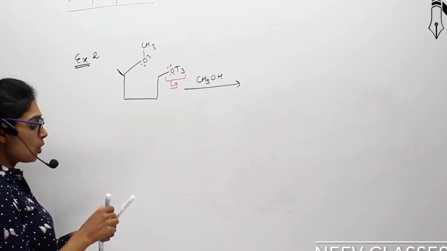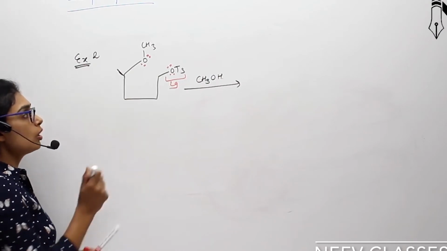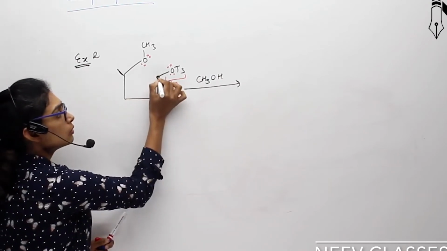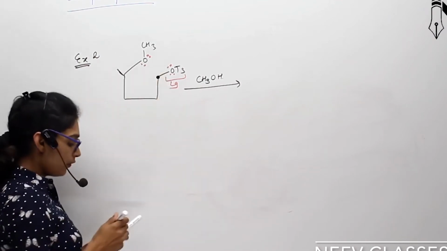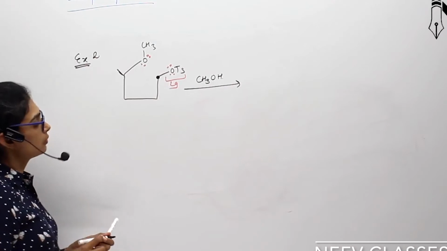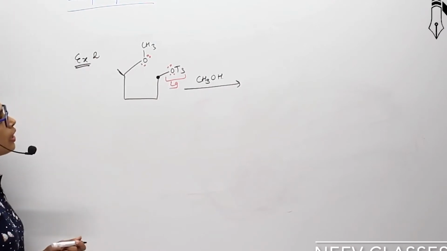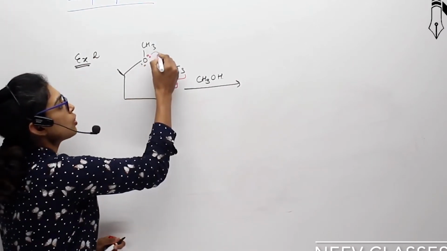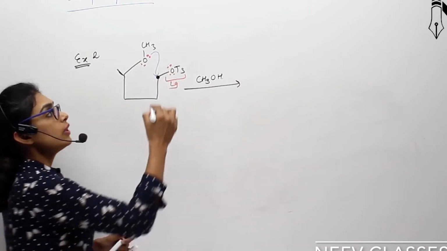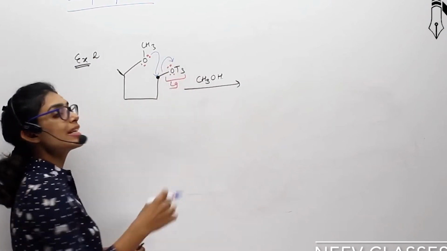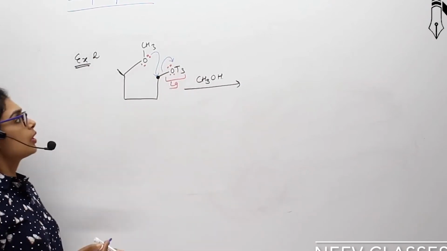Okay, and this oxygen will give its pair of electrons to this carbon to form a bond. So my oxygen will try to give its pair of electrons to this carbon to form a new bond and will try to kick out this OTs, which is anyways a good leaving group.